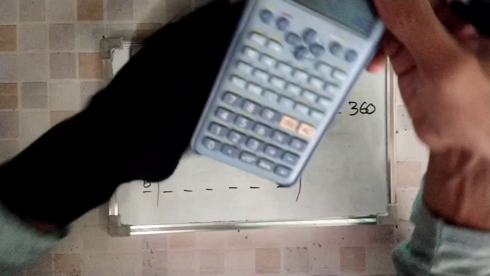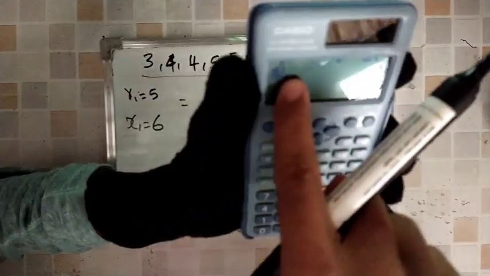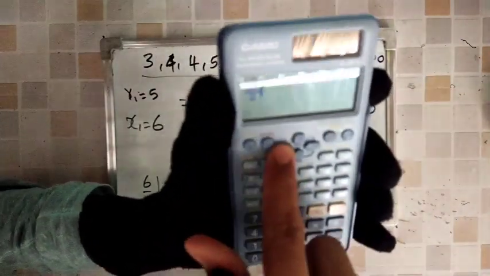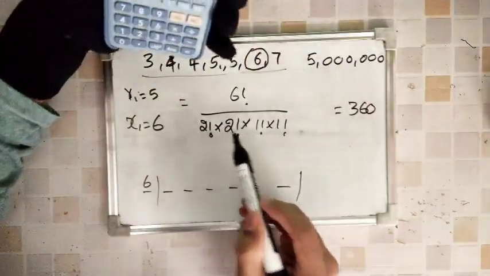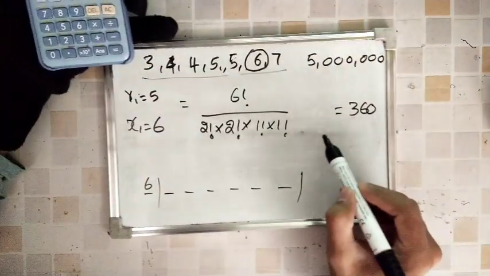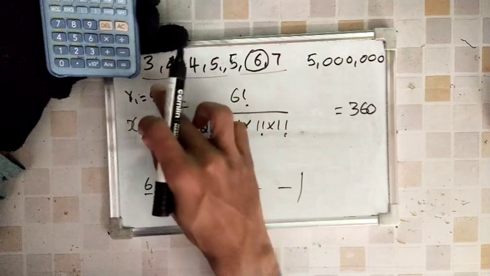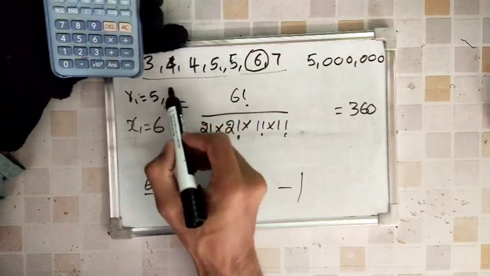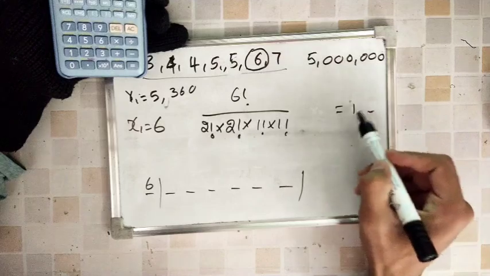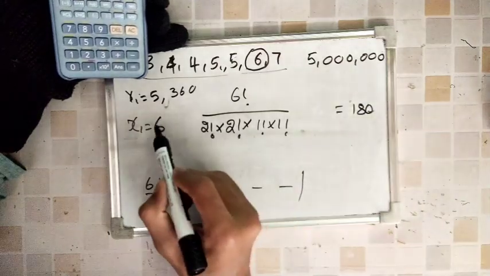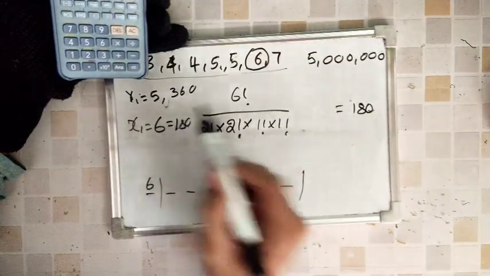So numerator is 6 factorial itself, and in the denominator I will write 4, because 2 factorial into 2 factorial is 4. So my answer is 180 now. When x1 is equal to 5, my answer is 360, and when x1 is equal to 6, my answer is 180.